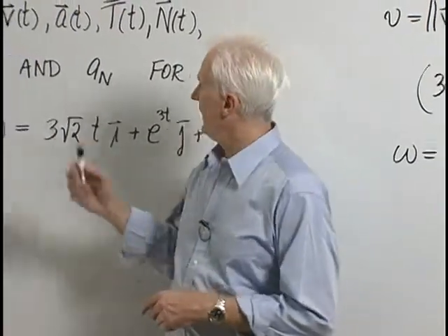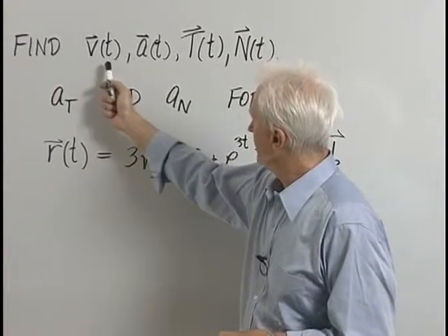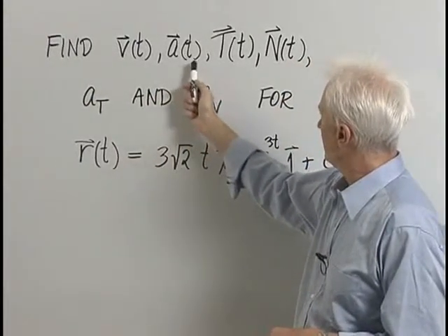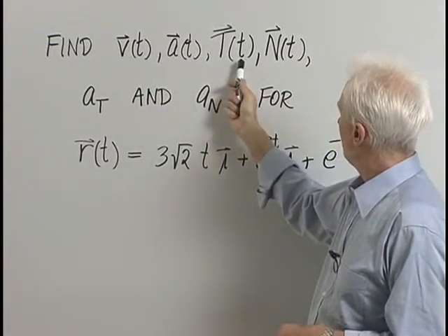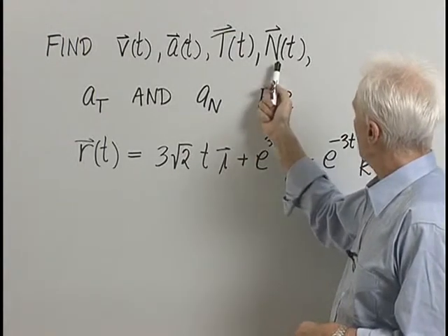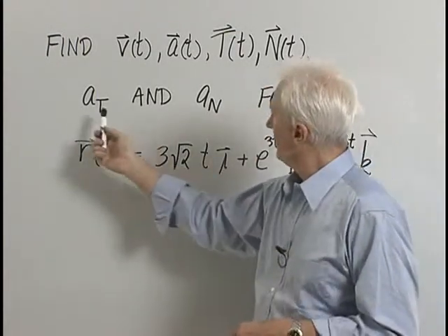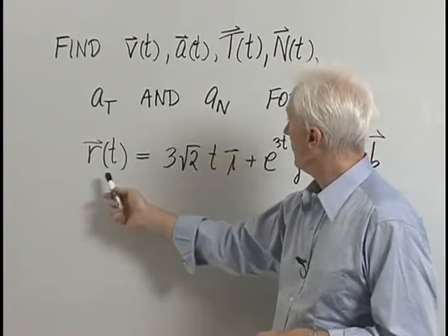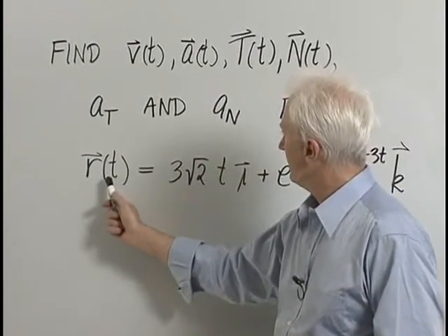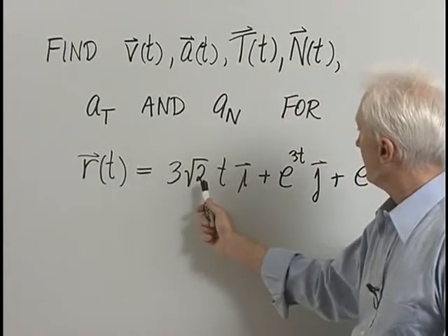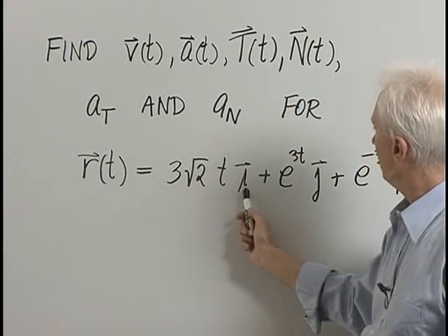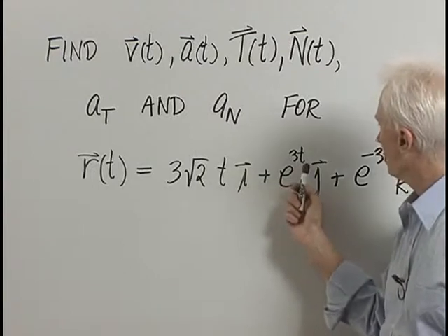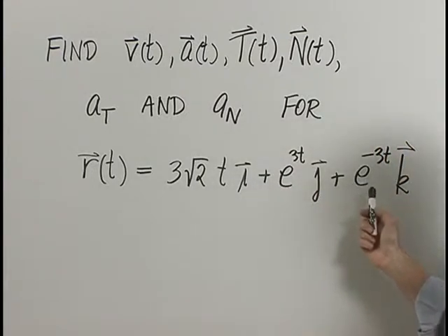So here in this example, we want to find the velocity at time t, the acceleration at time t, the unit tangent vector at time t, the unit normal vector at time t, the a sub t function and the a sub n function for the curve parameterized as r of t equals 3 square root 2 t times i plus e to the 3t j plus e to the negative 3t k.